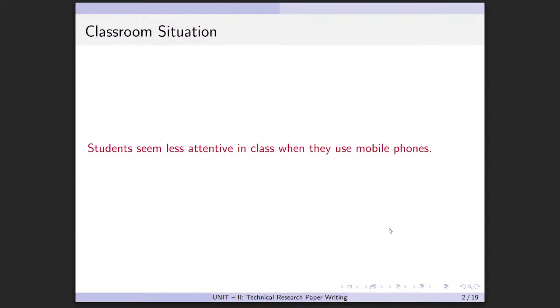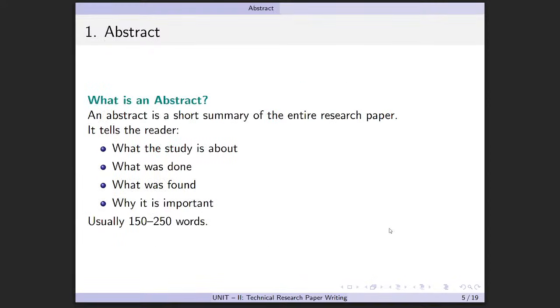This is my title. After selecting the title, there comes the abstract. The abstract is a summary of the entire research paper. It tells what the study is about. The study is about students who use a mobile phone in the class. What was done earlier? We got 50-50 results, but not 100% of students using phones are failing. That claim is completely false.